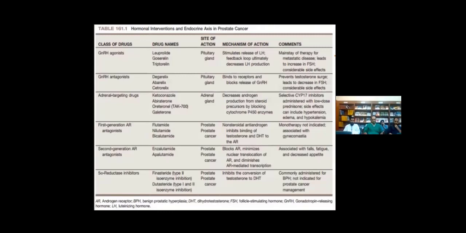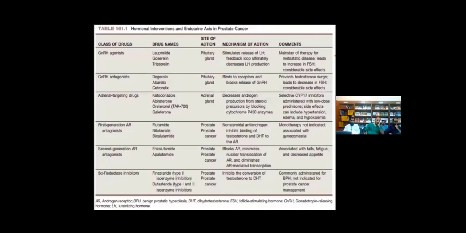The GnRH antagonists, which include degarelix, abarelix, and cetrorelix, act on the pituitary gland, bind to the receptors, and block the release of gonadotropin releasing hormone. They prevent the testosterone surge, the flare-up phenomenon, and also lead to a decrease in FSH. They also have considerable side effects.